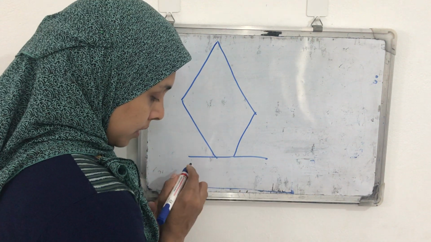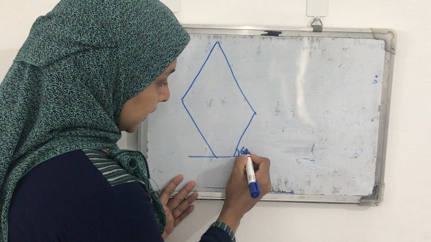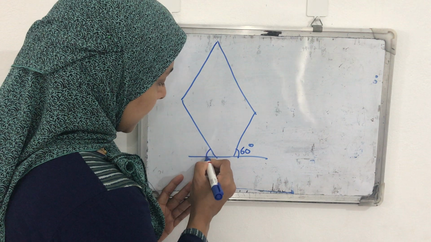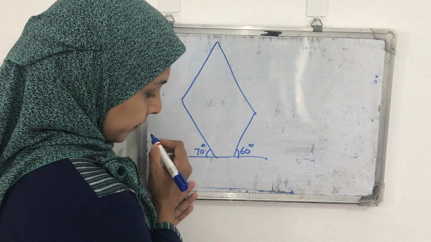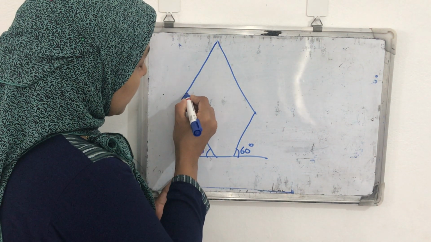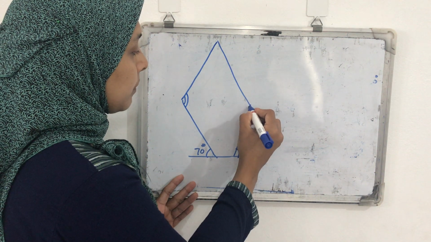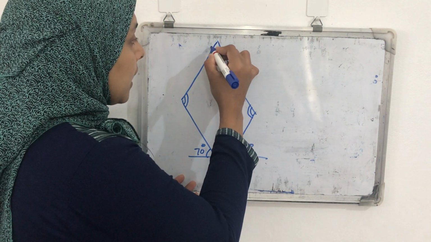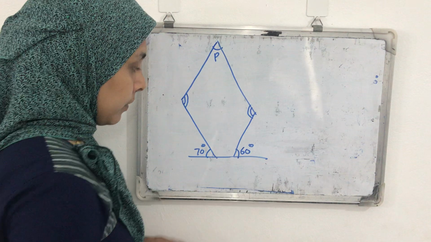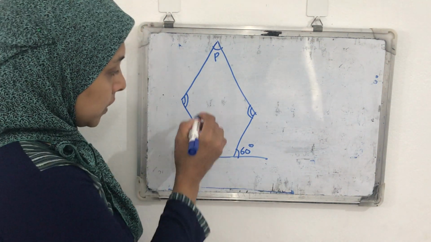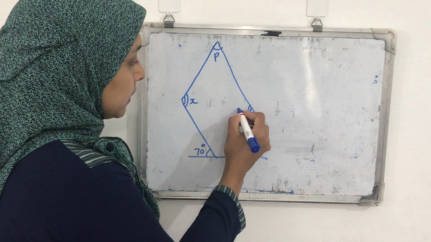It is given that this angle is 60 degrees, this angle is 70 degrees, these two angles are equal, and this angle is given as P. Then what will be the value of these angles?